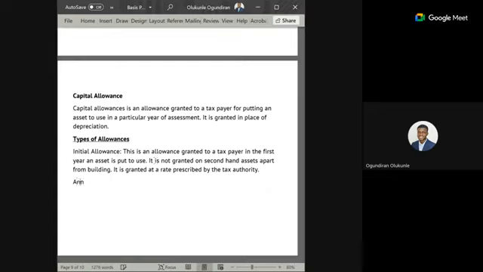The second one is annual allowance. What is annual allowance? This is an allowance granted to a taxpayer over the estimated useful life of the asset. Obviously, the estimated useful life in this case is determined by the tax authority, not personally, right?